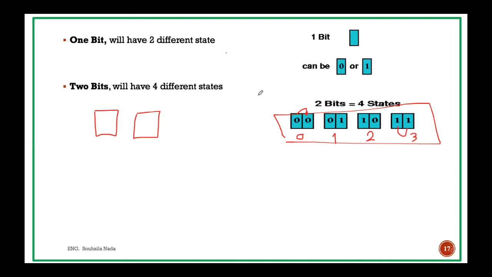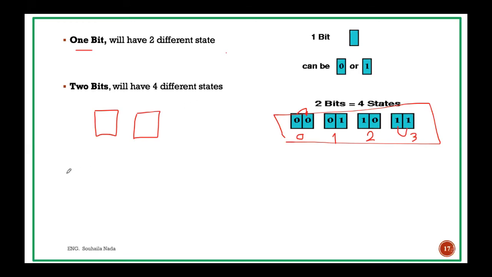So let us go back to 3 bits. Who can figure out how many combinations we can have with 3 bits? Who can figure out the relation? Here we have 1 bit, so we have 2 different states. With 2 bits, we have 4 different states.